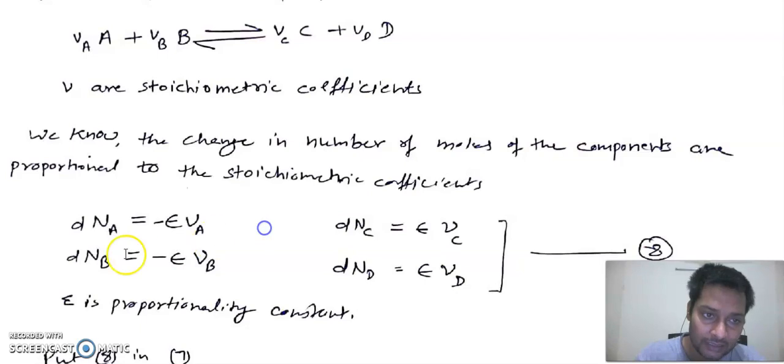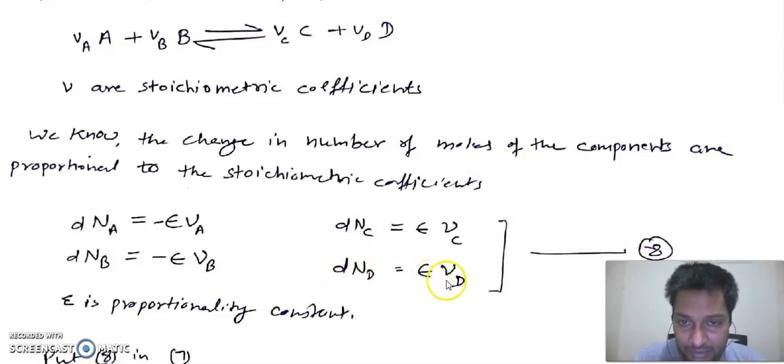Or we can write the change in number of mole of A will be equal to epsilon Va. Here epsilon is proportionality constant. Similarly for dnb, dnc and dnd, the number of mole of component D will change depending on its stoichiometric coefficient and proportionality constant.